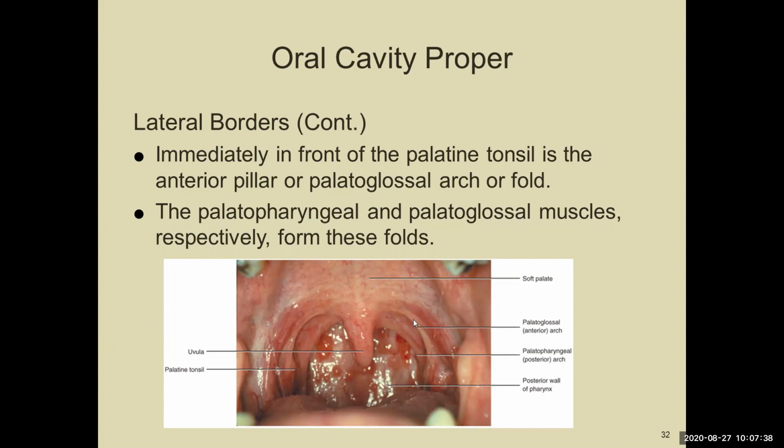Yeah, because this is the anterior pillar here and the posterior pillar, so we should see something right here. Kids, when they say, ah, you're going to see these two big golf balls. They look like walnuts sticking in their throat. As we age, they atrophy, they shrink, and they get smaller most of the time, or they've had them removed.